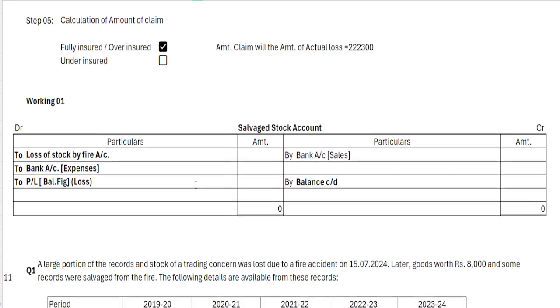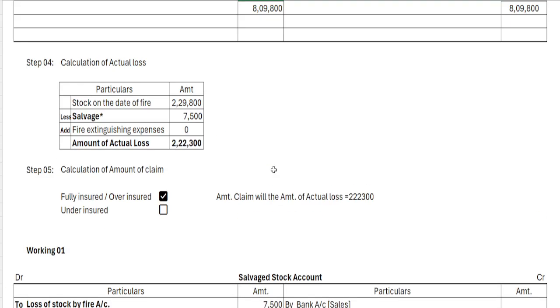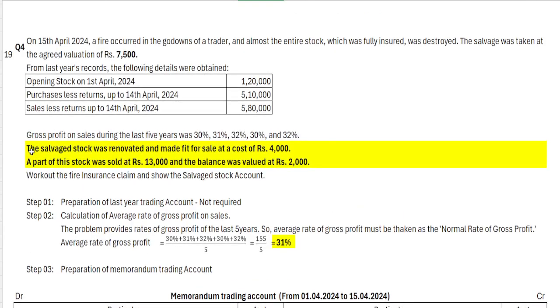The loss of stock by fire is 7,500, which is the agreed value. Then the salvage stock was renovated and made fit for sale at a cost of 4,000, as it was damaged stock. They have incurred 4,000 to repair it and make it fit for sale.